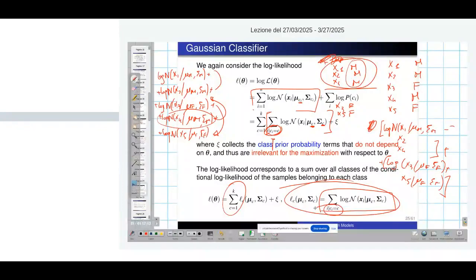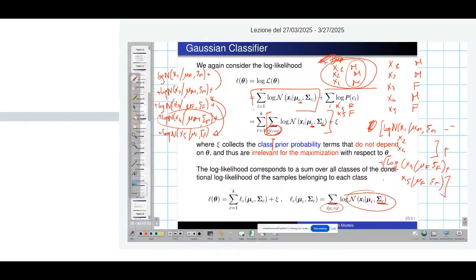So if I extract from my dataset the samples of class C, and I write the Gaussian density, the likelihood for those samples when the Gaussian model's parameters are given by mu C and sigma C, I will get exactly this expression. This is what we got when we did density estimation before the break. This is the log likelihood for the samples of class C under a Gaussian model where the parameters of class C appear inside.